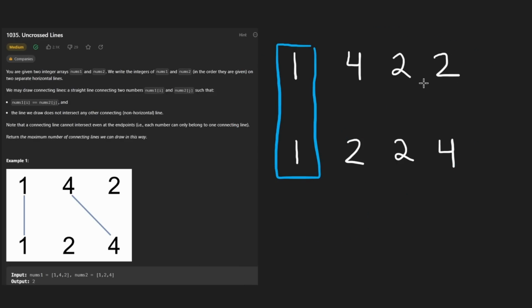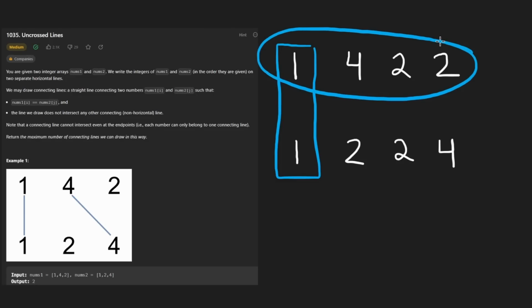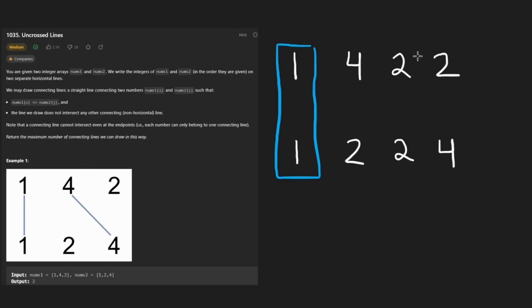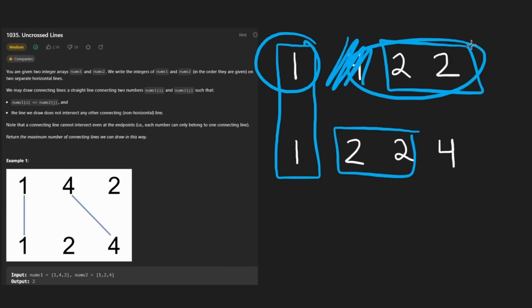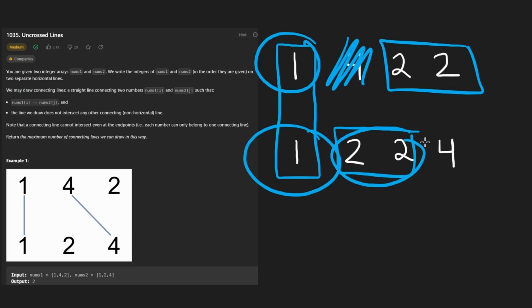It's pretty much the same exact problem because notice, they are essentially asking us for a subsequence of characters from both arrays. Like this is a subsequence. We say 1, skip the 4, 2, 2. We get a 1 here, 2, 2, skip this 4. These are both subsequences.